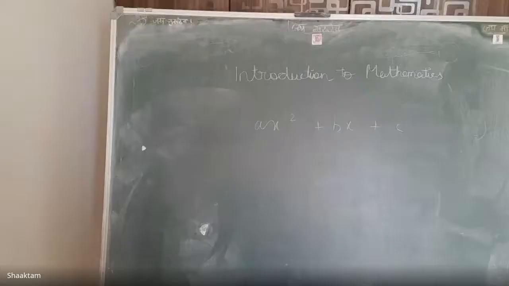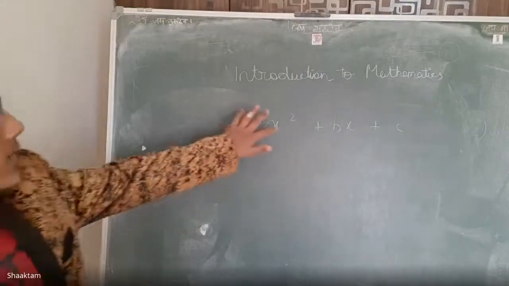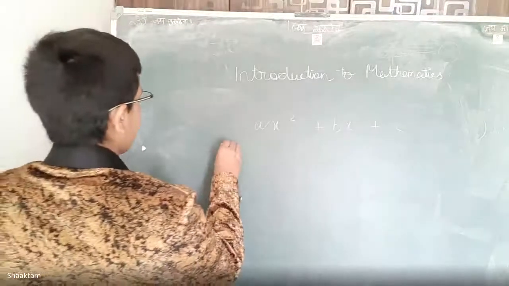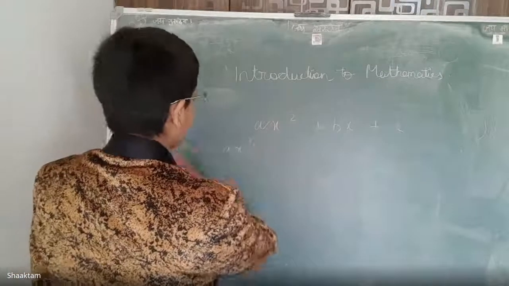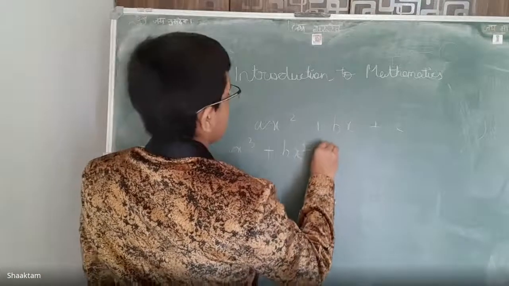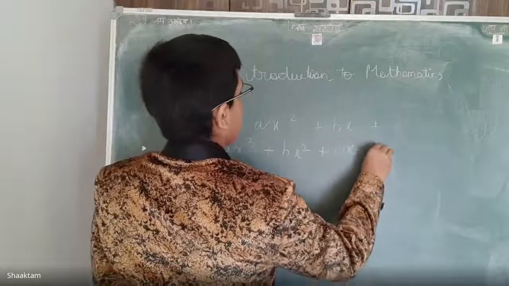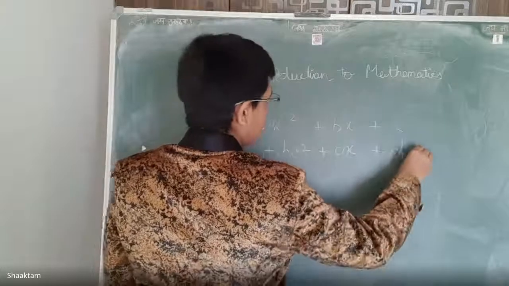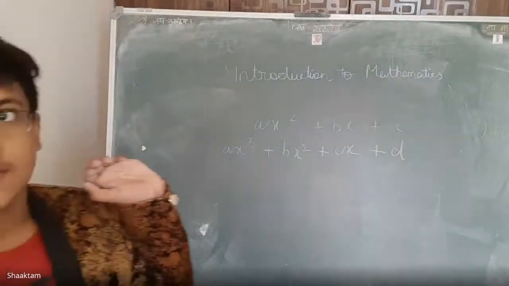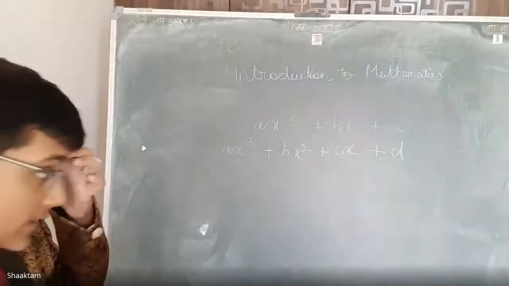But since it's a cube, there'll be one more term. So the standard form of that will be ax cube plus bx square plus cx plus d. This will be the standard form of a cubic polynomial.